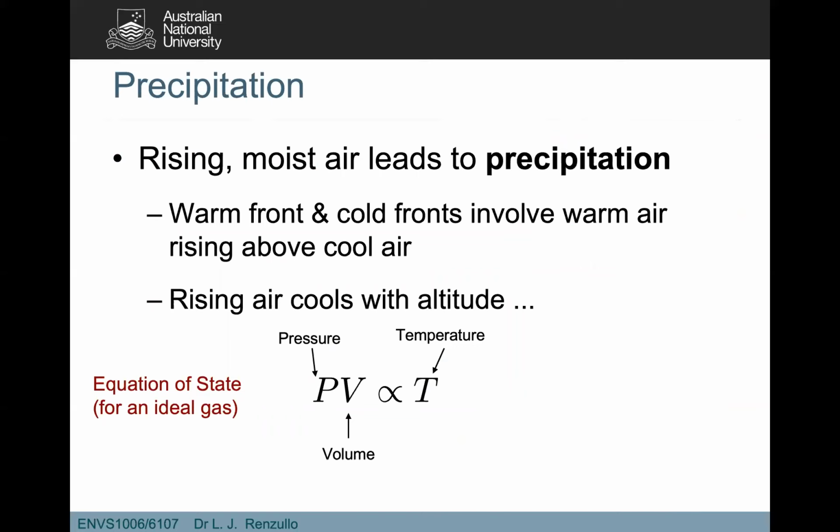When warm fronts and cold fronts meet, the warm air rises above the cool air, and through our ideal gas laws, we can see what might happen there. So remember that as you move up the atmosphere, both temperature and pressure decrease with altitude.